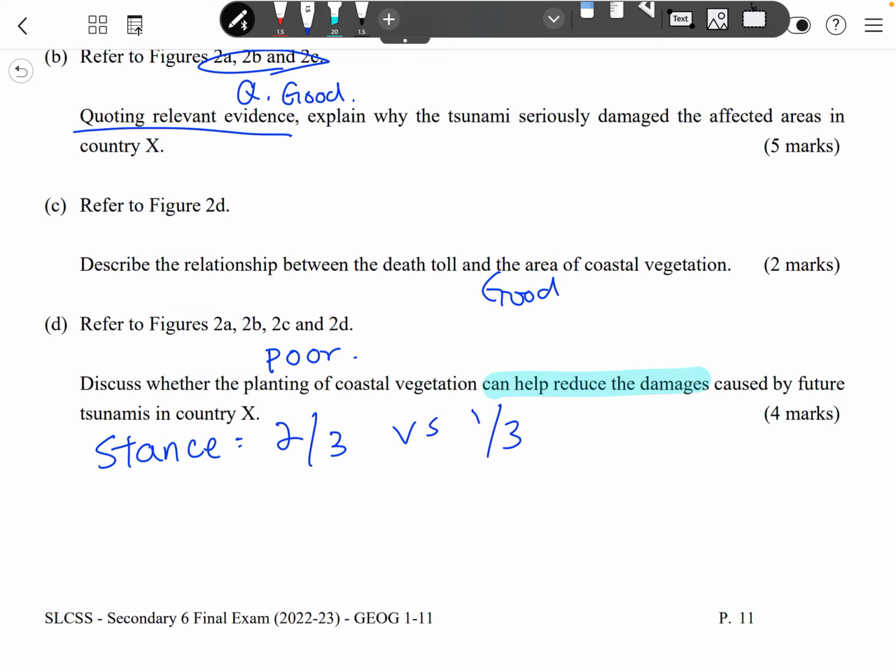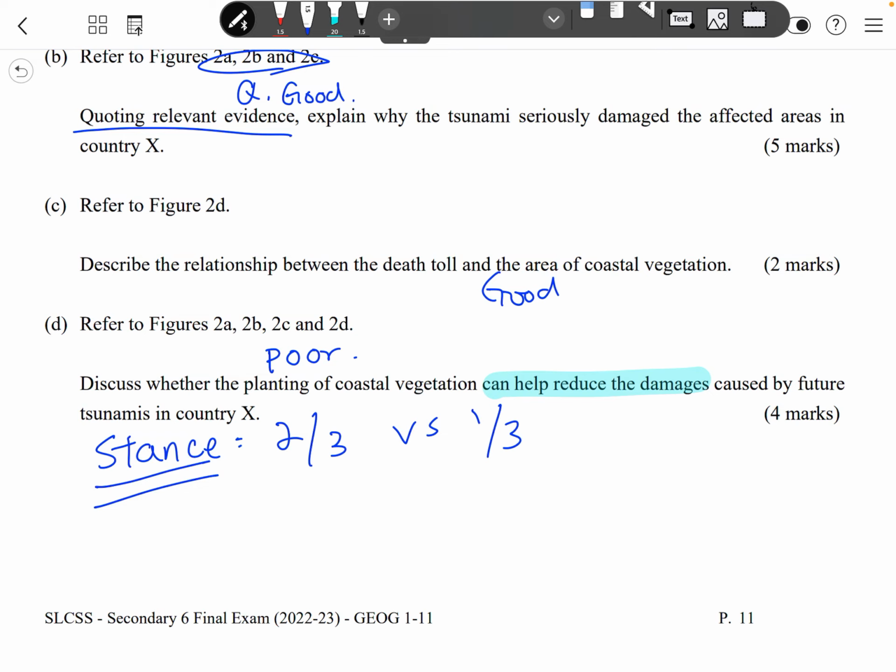Still many of you like to write for yes, for no. This is not appropriate. Please give your stand clearly. Discuss whether. Take your standpoint. So planting coastal vegetation can reduce the damage.